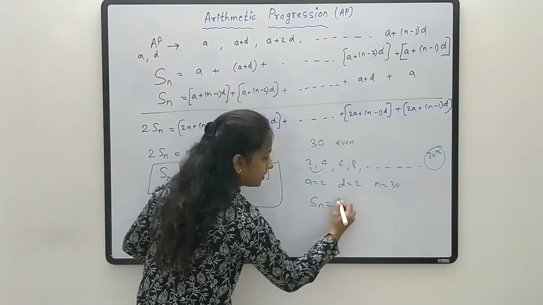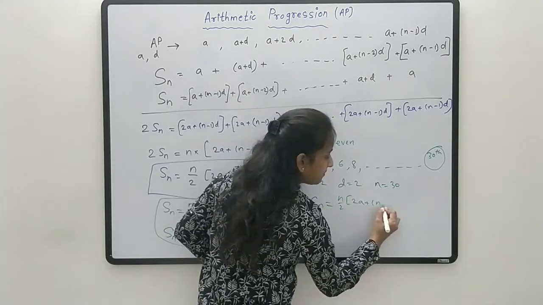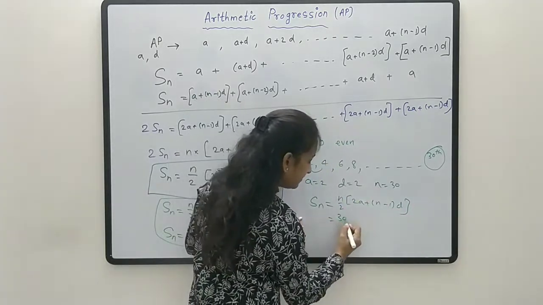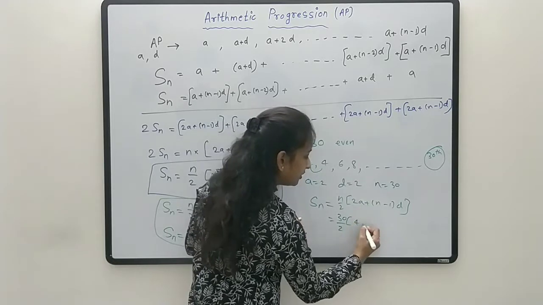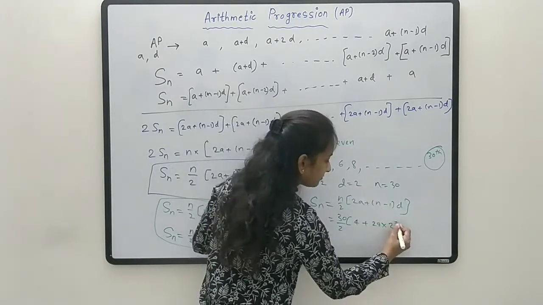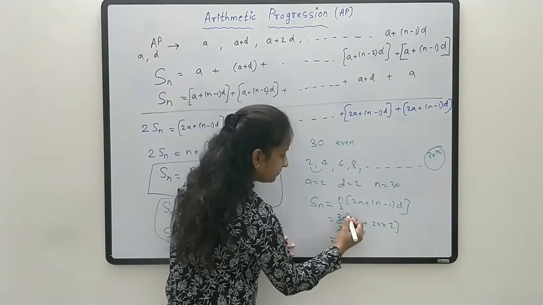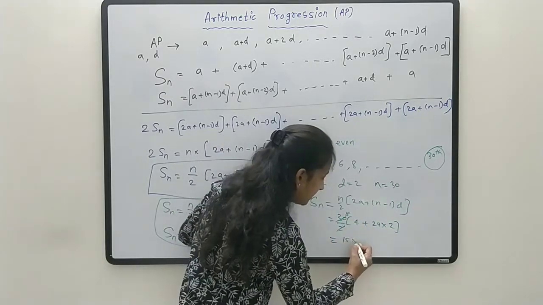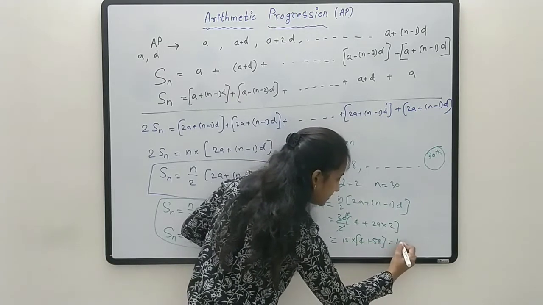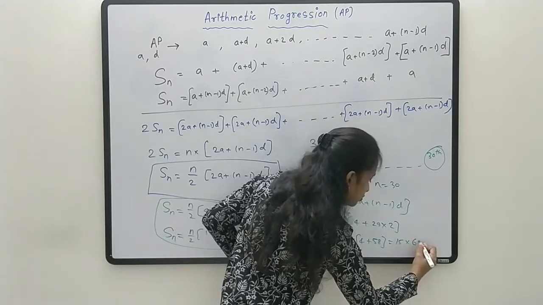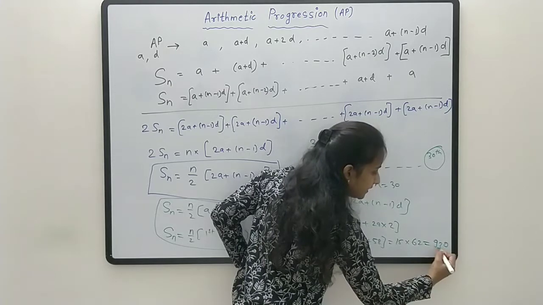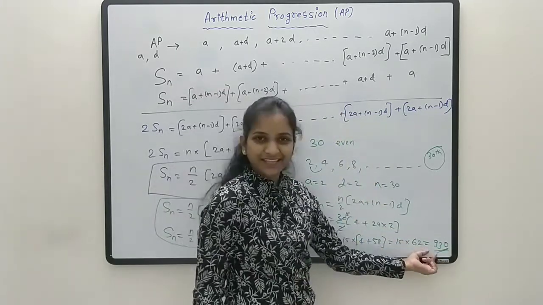So what is sum? n by 2, 2a plus n minus 1 d. By substituting these numbers, we will get sum. n 30 by 2, 2a means 4 plus n minus 1 means 29 into 2. Okay, so 2 15s are fine. 15 into 4 plus 58. This is 15 into 62. 15 2s are 30. 15 6s are 90 plus 3, so 93. Sum of first 30 even numbers is 930.